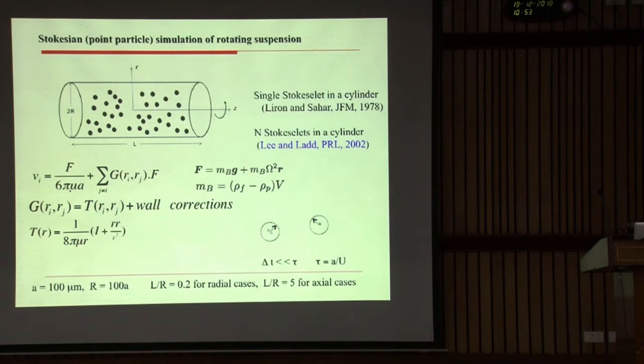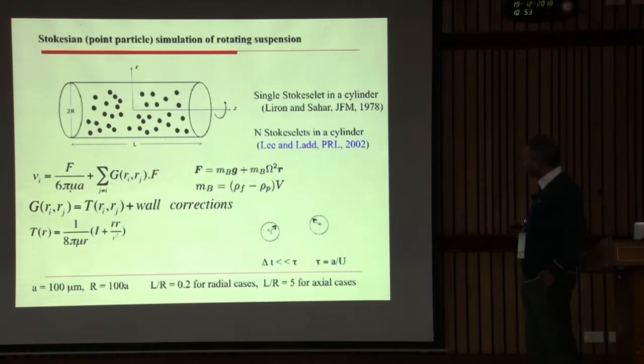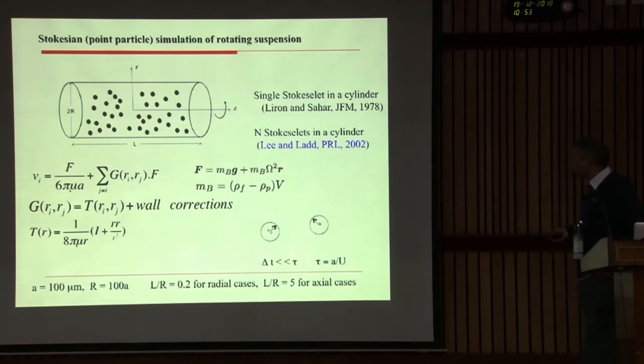In order to set the time scale for the integration, you have to give them a radius, and the time step has to be much smaller than the time scale for the particles to collide. So we call it the Stokes time scale. You can find the Stokes time scale by using some characteristic velocity scale.